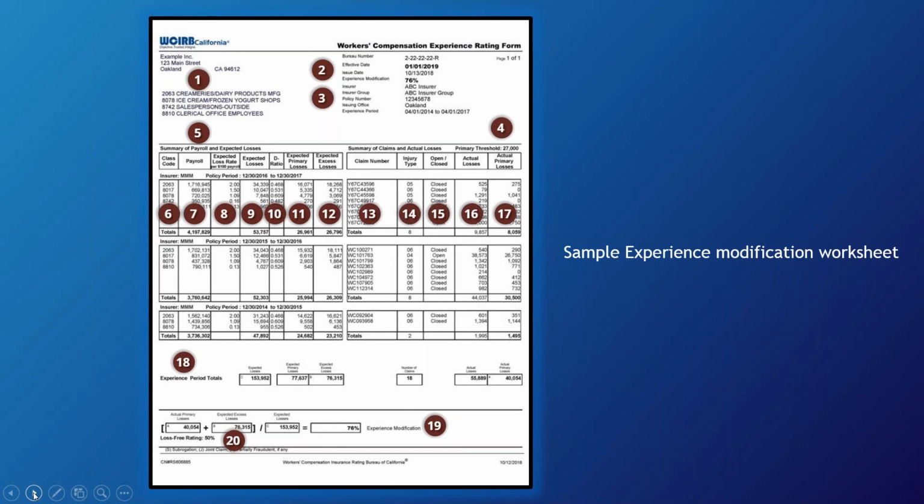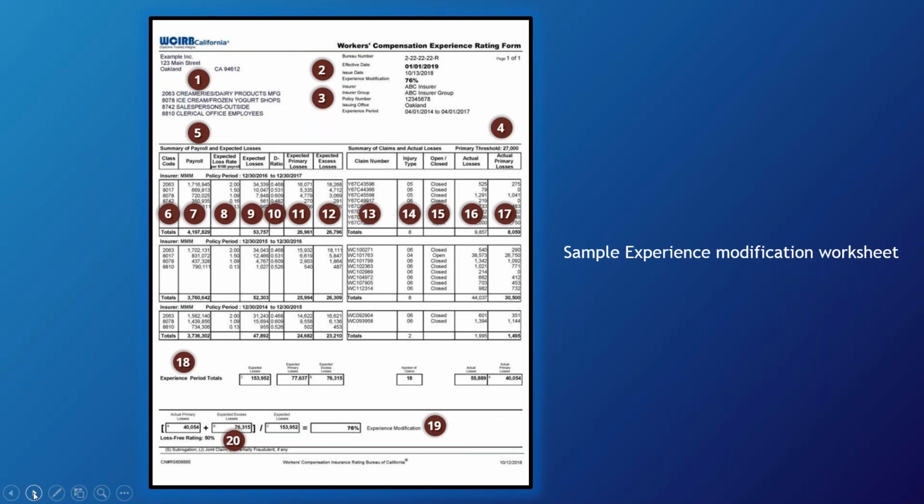You see down on line 19 is the experience modification, 20 is the equation that I talked about earlier, and how they got to the expected losses, and that number gets compared to the anticipated.